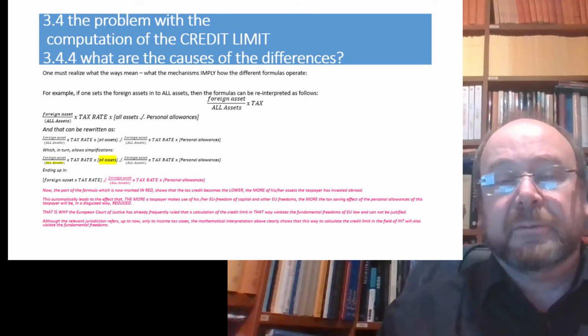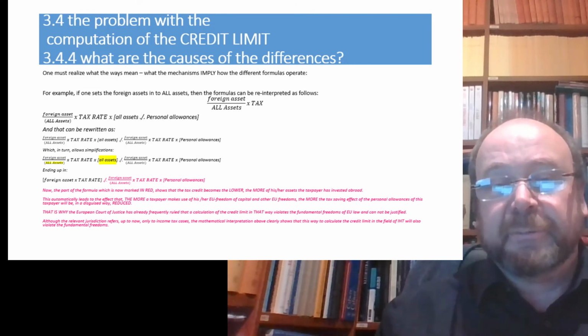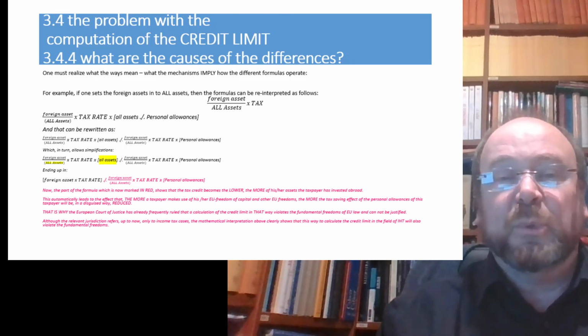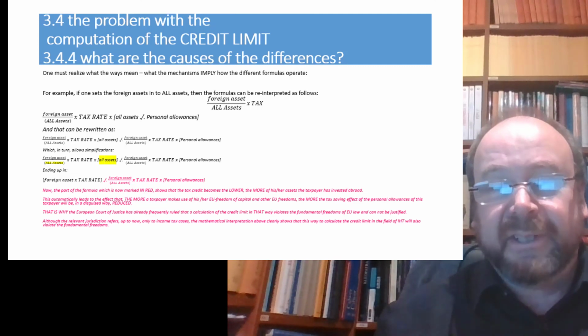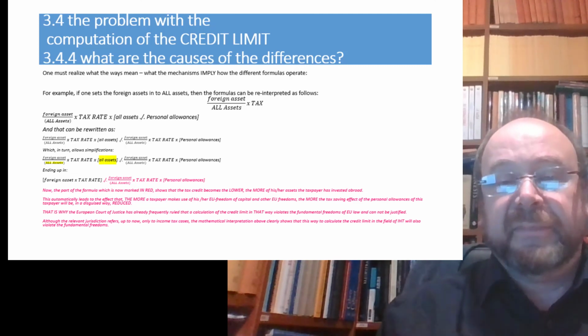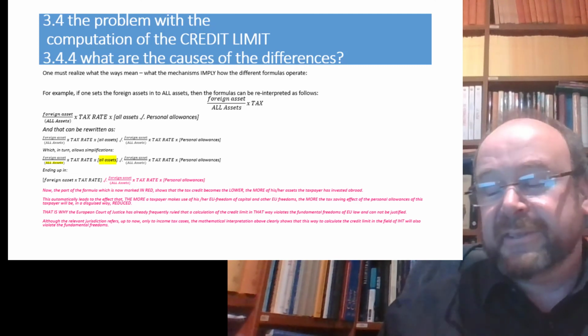And now to grant such a personal allowance in a way that it has less and less effect the more you are a cross-border case. That cannot be convincingly justified.